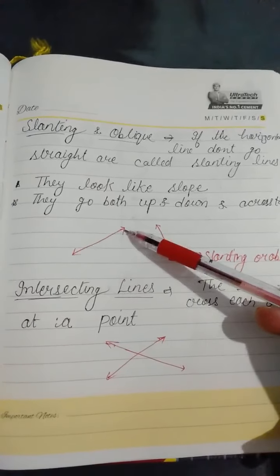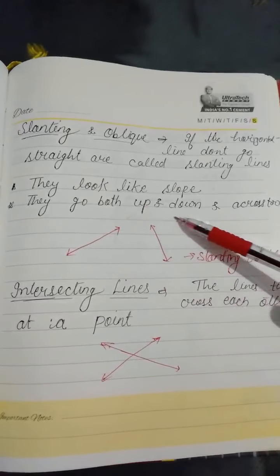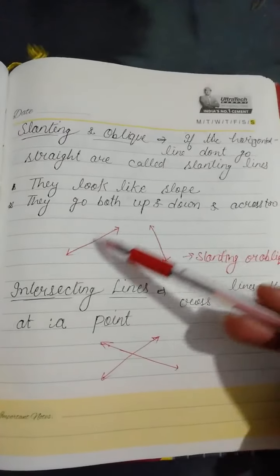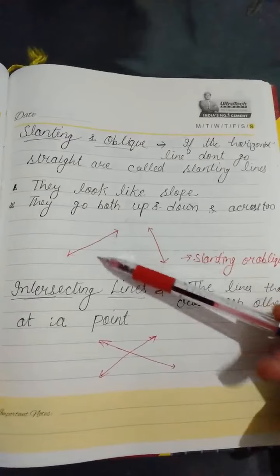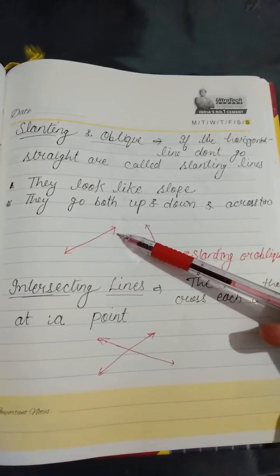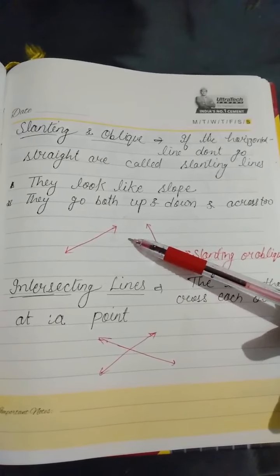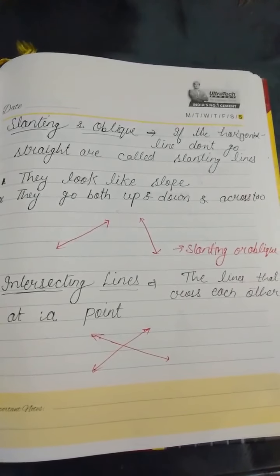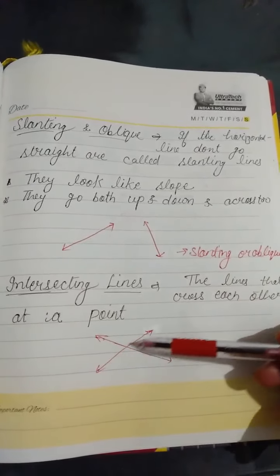Okay, they go both up and down and across too. So these lines are slanting, that means tilt at an angle, not straight. This is called slanting.